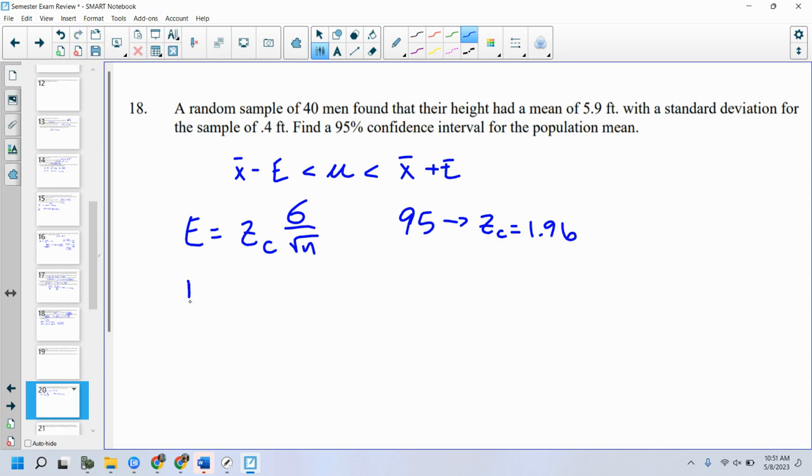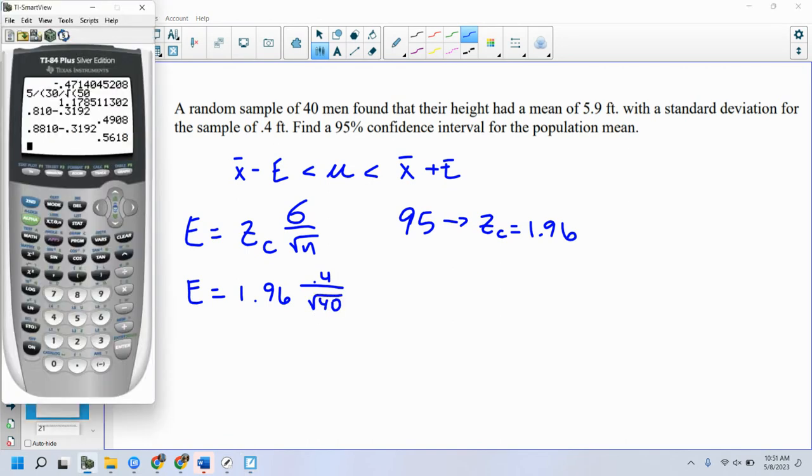All right, so our error margin is 1.96 times sigma, which is 0.4, divided by the square root of n. So we've got 0.4 divided by the square root of 40 times 1.96, and that's going to give me 0.124.